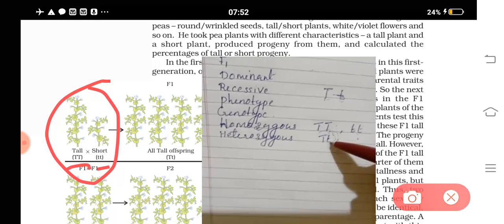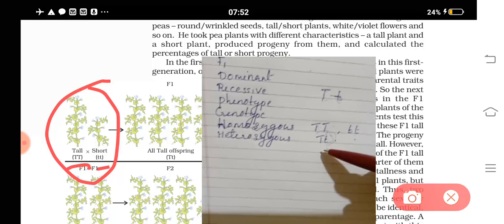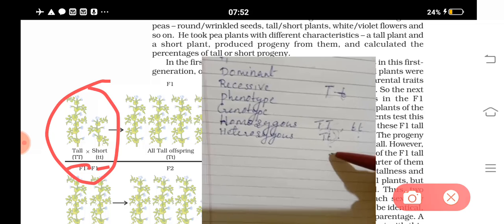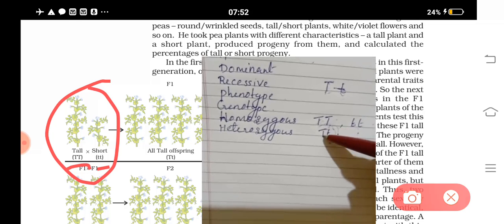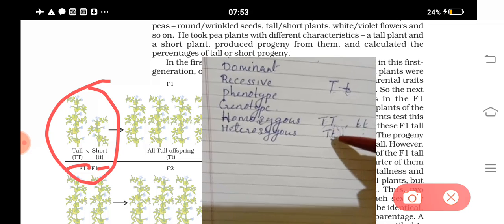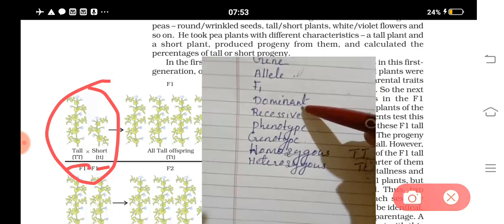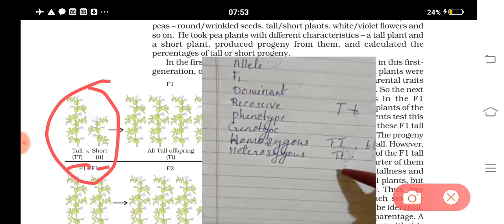Now, if these two alleles are there, which one will express? Both will not express, only one will get expressed. That allele which is able to express in the heterozygous condition is called the dominant allele. So in this, which is the dominant allele?